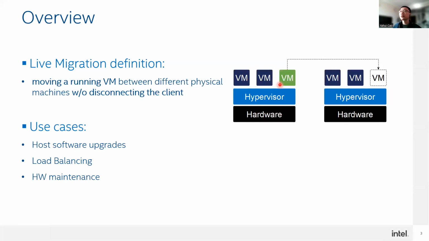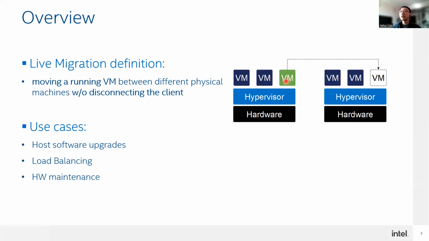If you want to live migrate this VM, it's something like we just schedule this VM from this host to the host on the right. During the whole process, the VM should be running and there should be no VM power off or disconnecting. So this is the overall concept. The key is the running VM and without disconnecting.